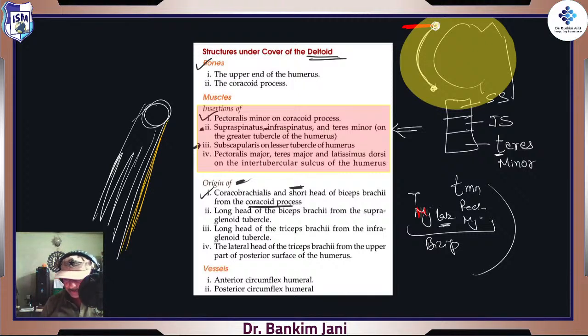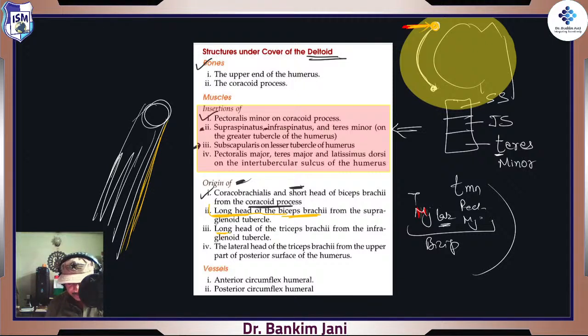That's where comes our very special guest of honor, the long head of biceps brachii. Why is it called long? Because it goes all the way into the joint and lands on the supraglenoid. Because it is traveling so much, we don't hesitate in giving it the name long head.